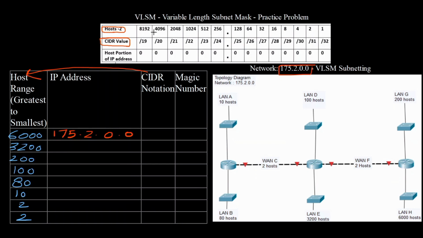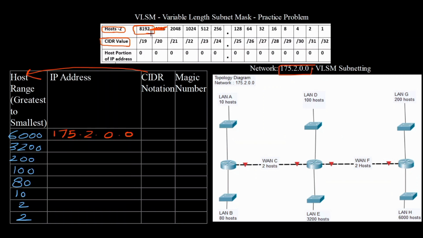Is it enough to make a local area network with 6000 hosts? Can we go back and check this? Obviously no. So we're going to ignore this one, and this is the next value of hosts, 8192. Yes, there is some waste, but the waste is going to be minimized.